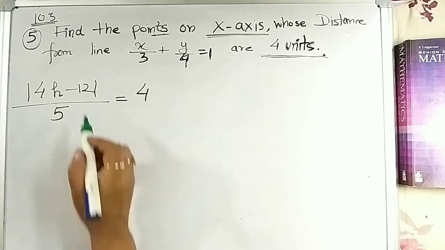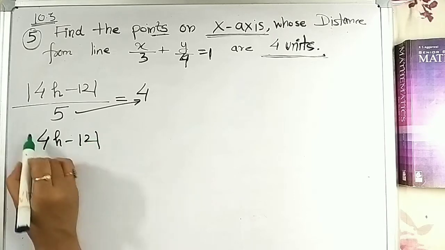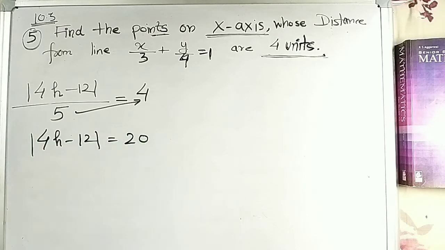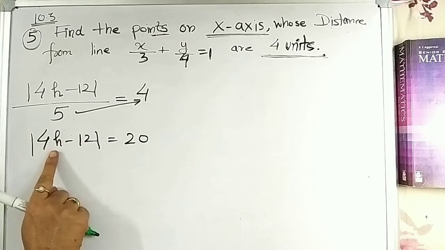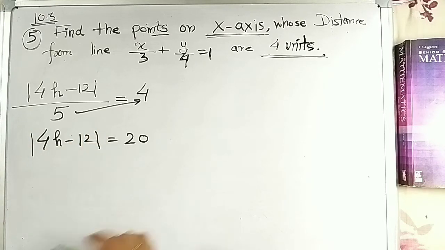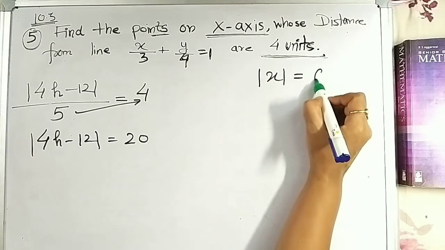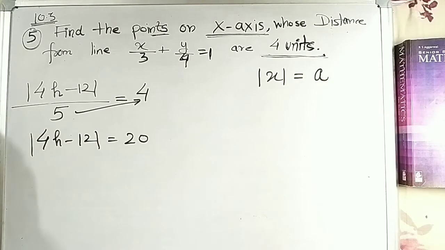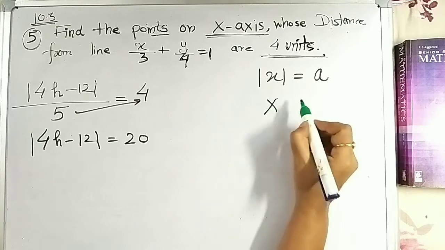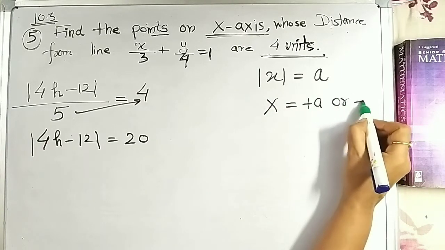Okay, so now let me take it here. So that means mod of 4h minus 12 is 20. How to get h? I need to get rid of mod. Okay, guys, remember, whenever mod x is given as a, how do we open it? Then x may be plus a or minus a.